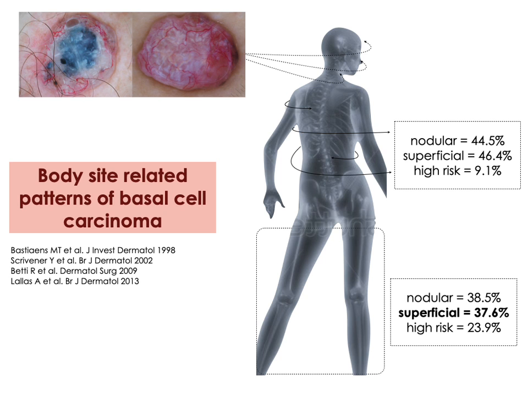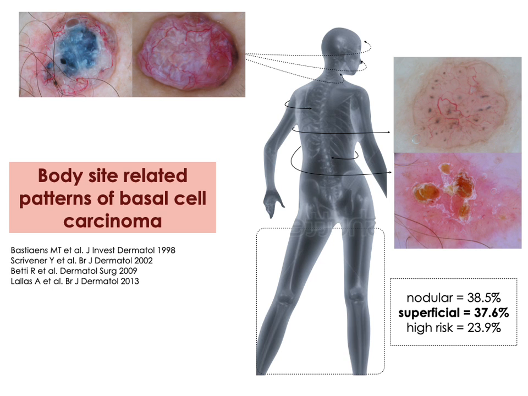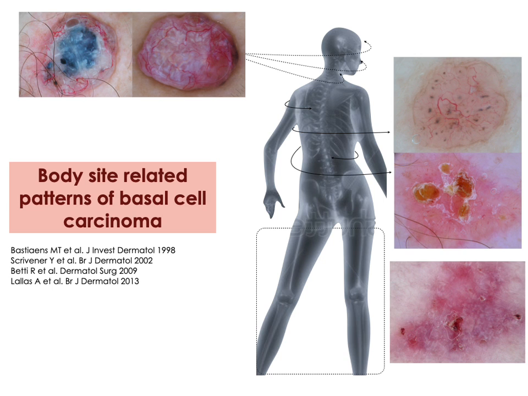While on the trunk, nodular and superficial basal cell carcinoma are more frequently detected, and here you can see the dermoscopic features such as arborizing vessels and ovoid nest, or pinkish background, ulceration, and short telangiectasias. While on the lower limbs, the superficial basal cell carcinoma is the more frequent variant, but in this area, shiny white structures are very frequently detected.